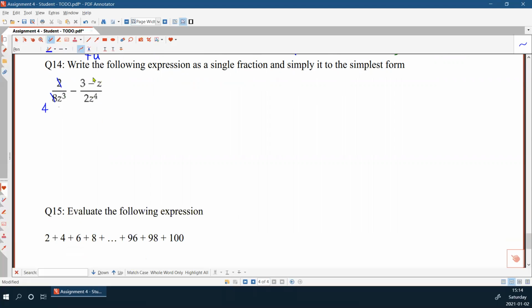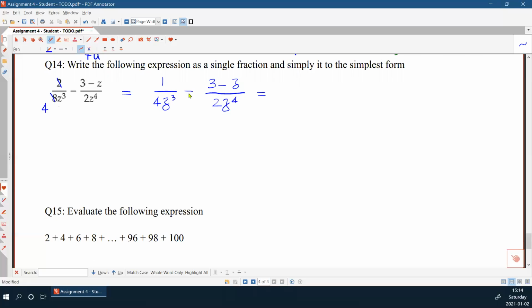And the second term, we cannot do anything about it. So this original expression is rewritten to 1 over 4z cubed minus 3 minus z over 2z to the fourth.